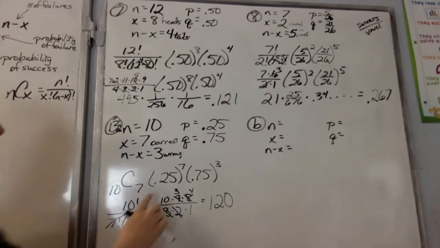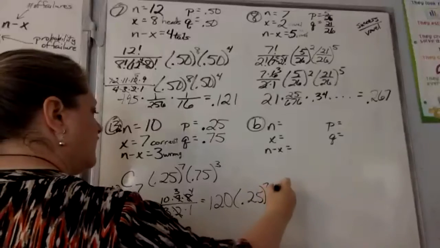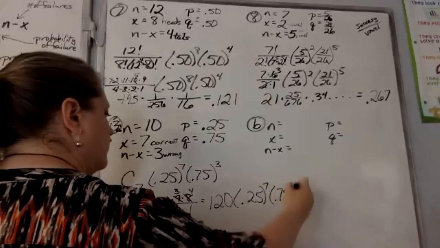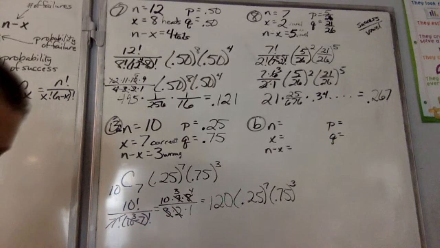So you'll have that times the 0.25 to the 7th and the 0.75 to the 3rd. That's for 13A. When you multiply those out, your success and your failure.